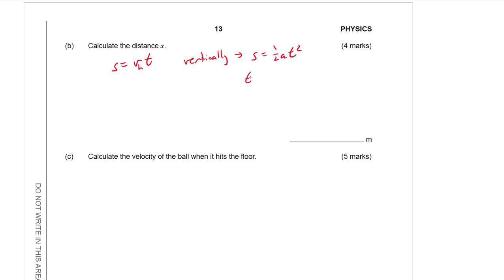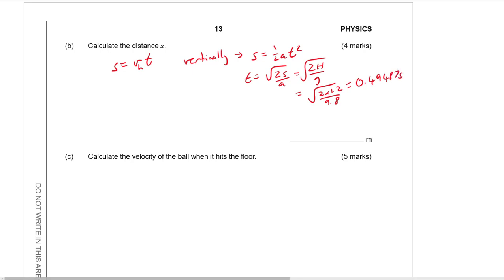So that means your T is going to be the square root of 2S on A. Or in this case, it's actually 2 times the height that it's falling over g. Square root of that. And that will be equal to square root of 2 times 1.2 over 9.8. And what you should get from that is 0.49487. I've kept as many significant figures as possible to make sure I'm not going to have any mistakes.